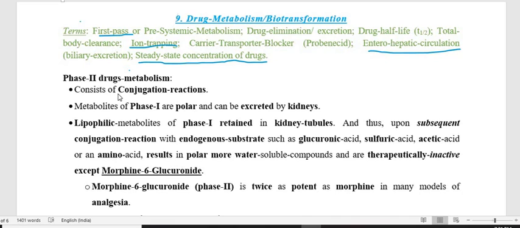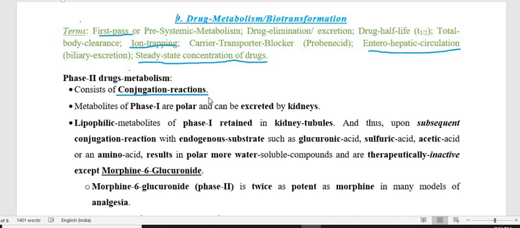This is known as conjugation reaction. This is also known as synthetic reaction. This is also known as anabolic reaction. These are some of the synonyms for phase 2 drug metabolism.